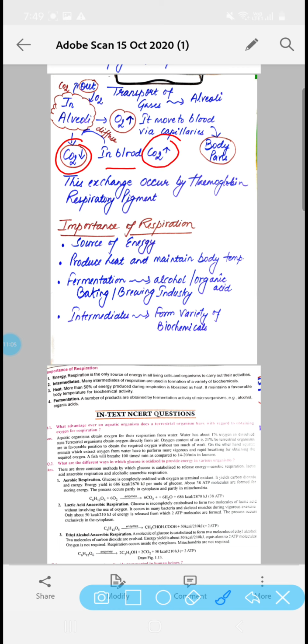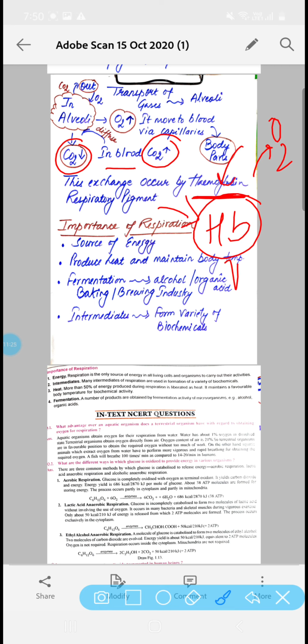As respiration occurs in all the tissues, carbon dioxide gas, the waste product of respiration, gets accumulated in the blood again with the help of hemoglobin. Hemoglobin now gives off the oxygen and in turn binds the carbon dioxide molecule with it.